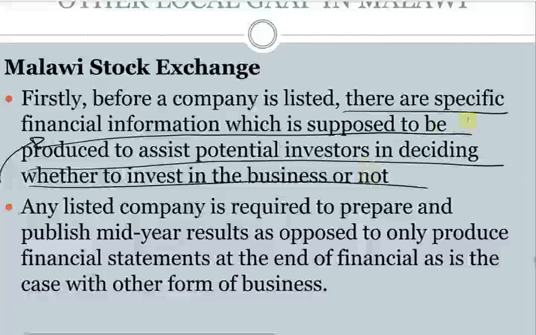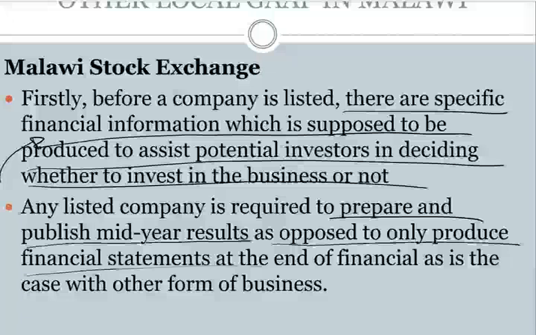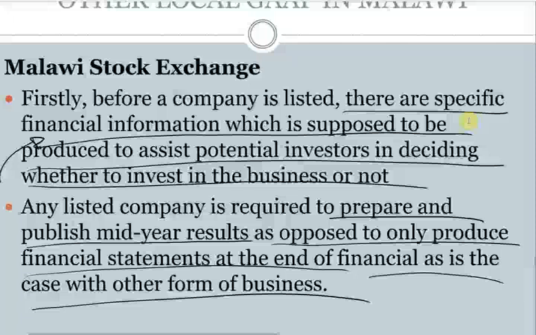Any listed company is required to prepare and publish mid-year results, as opposed to only producing financial statements at the end of the year in the case of other forms of business. So for example, if you are to be part of the market called the Malawi Stock Exchange, you are required to produce 2 sets of financial statements.